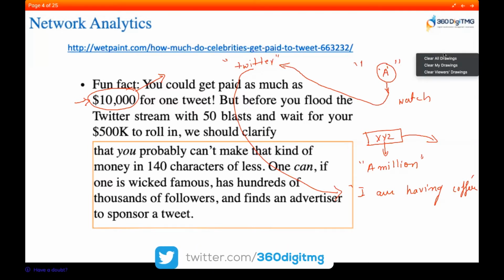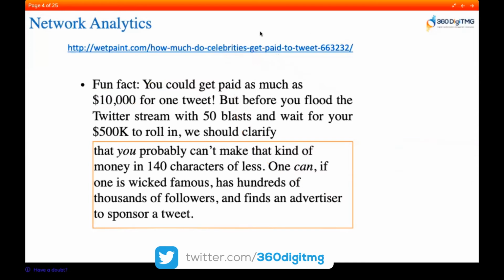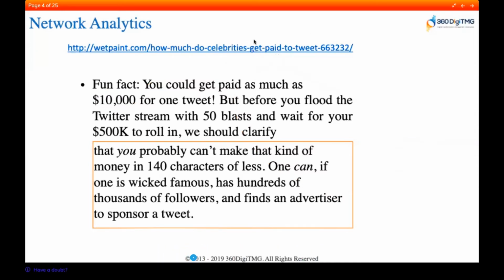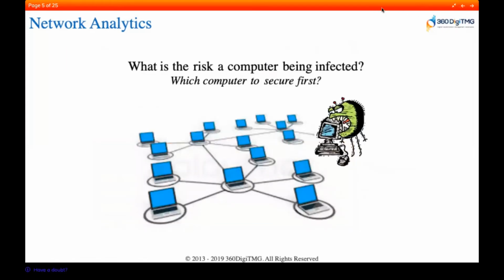I think I have made you understand what exactly network analytics is. Network analytics is to identify the popular person so that I can run some campaign on that particular person's tweets, if I take the example of Twitter, right? So what are the parameters? Let's take this as an example. Let's say these computers are connected to each other.